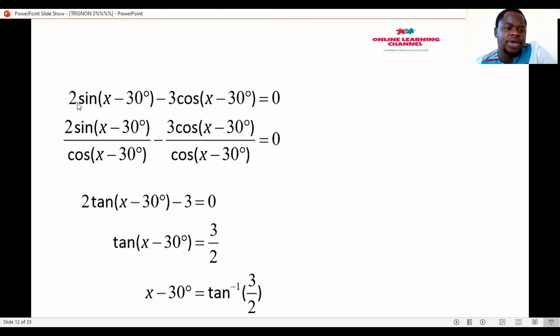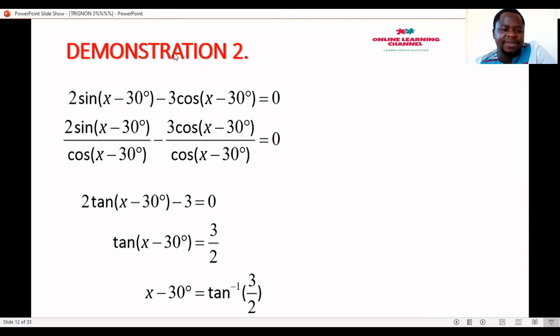And now look at demonstration number 2. Again the angles are the same, but the coefficients are different. So you divide both sides by cos of x minus 30, so that this and this will cancel, and you are left with -3.